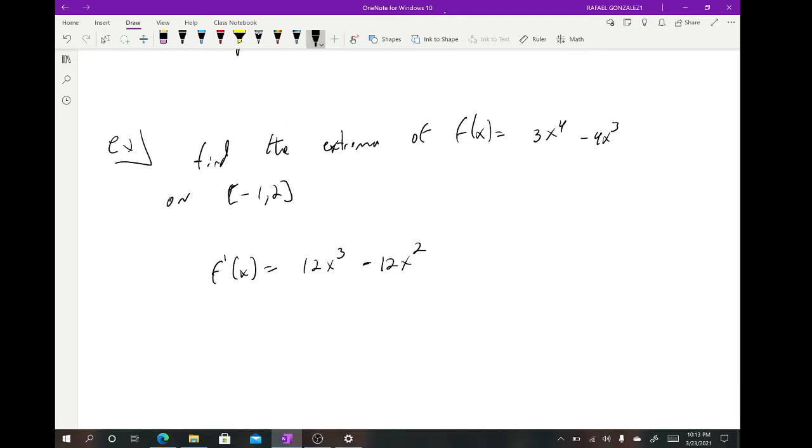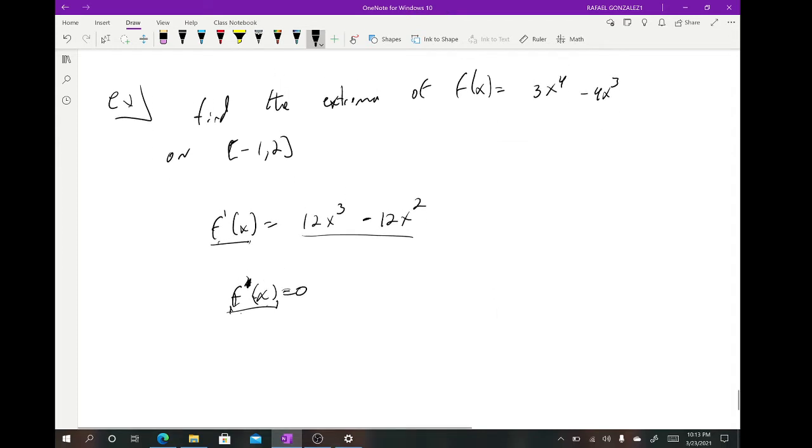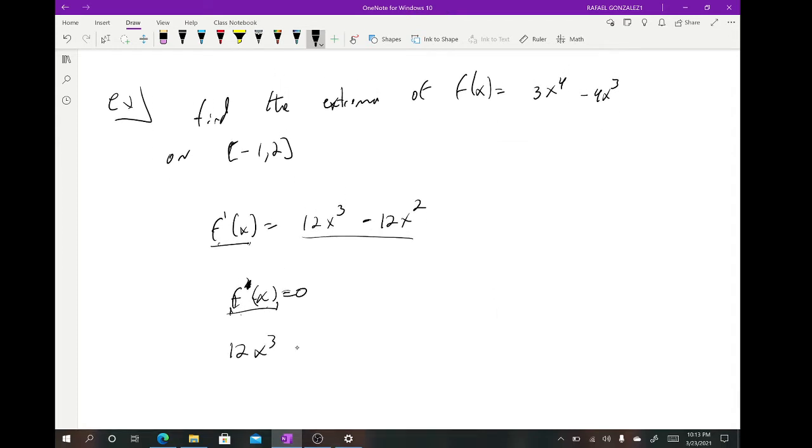Okay, so that is the derivative of f. Now we have to find for which values f'(x) is equal to 0. f'(x) is 12x^3 - 12x^2, so we substitute: 12x^3 - 12x^2 = 0.